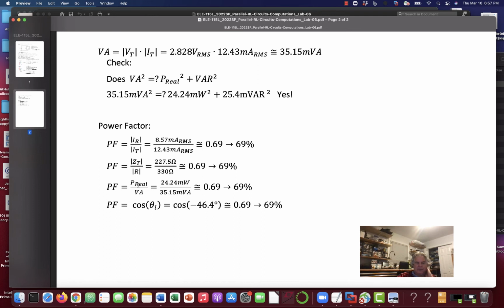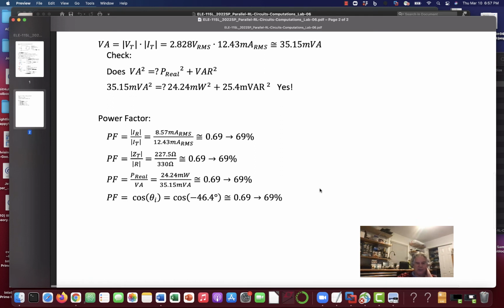Another way to get power factor is to take the ratio of the real power divided by the apparent power. That would be 24.24 divided by 35.15. You get 0.69, multiplied by 100, you get 69%.